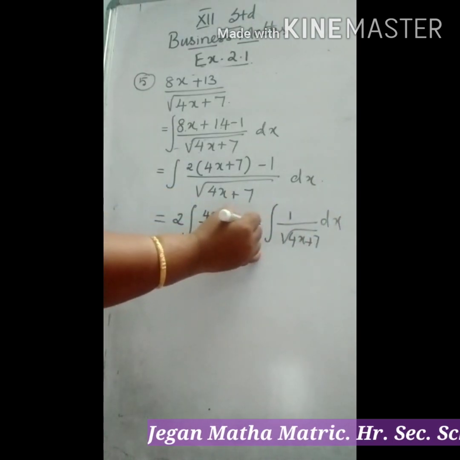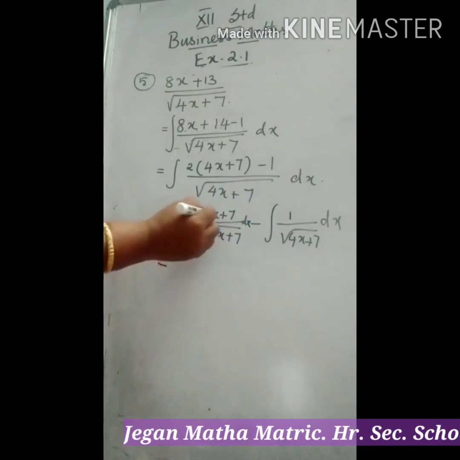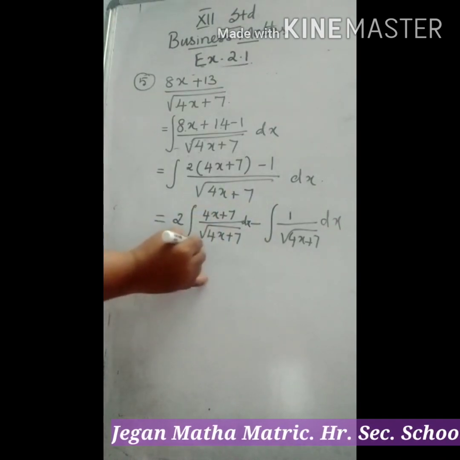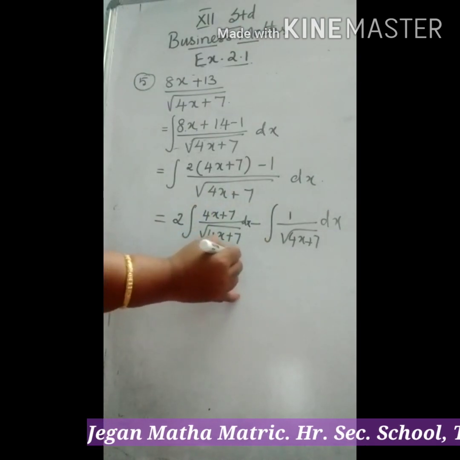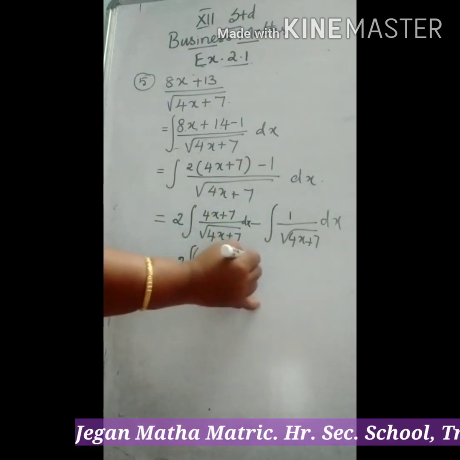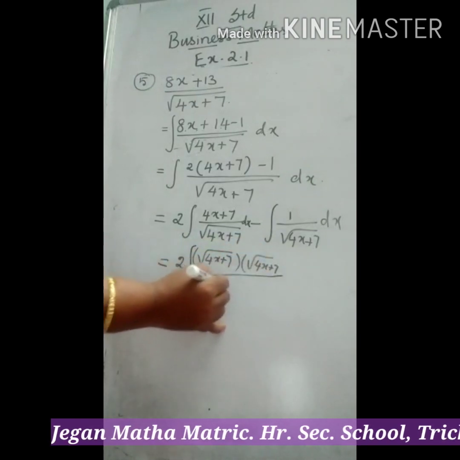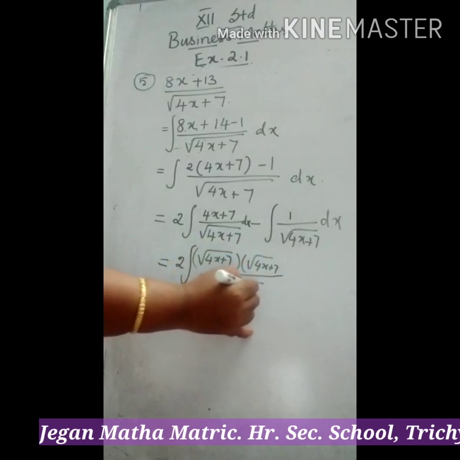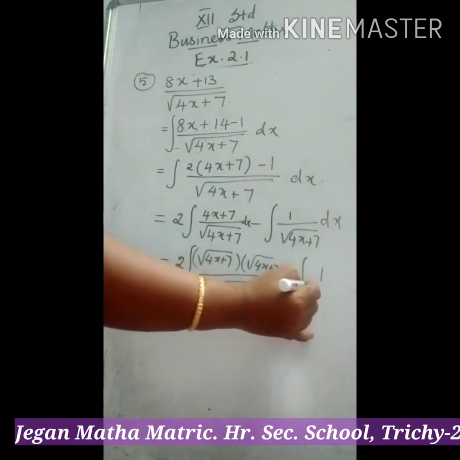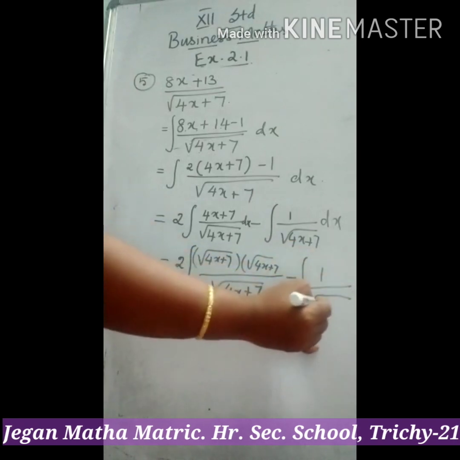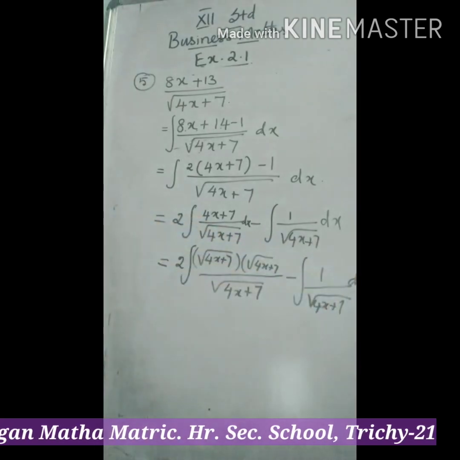Here also you have to integrate with dx. So that is equal to 2 into integral of root of 4x plus 7 into root of 4x plus 7 divided by root of 4x plus 7, minus integral of 1 divided by root of 4x plus 7 into dx.